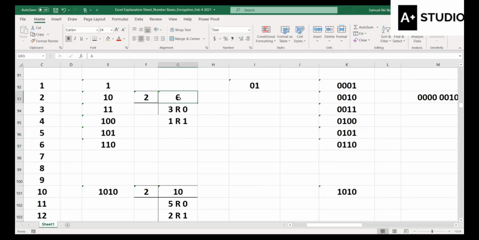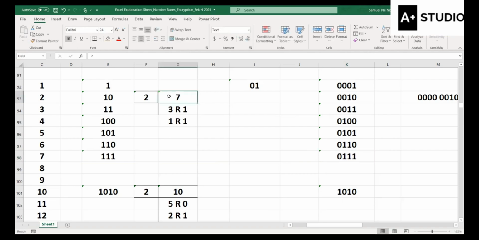If you do 7 here, 7 is 2, 3, 6, remainder 1, 2, 1, 2, remainder 1. So when we come to the value 7, we are going to get 111. So for 7, add 0 in front: 0111.